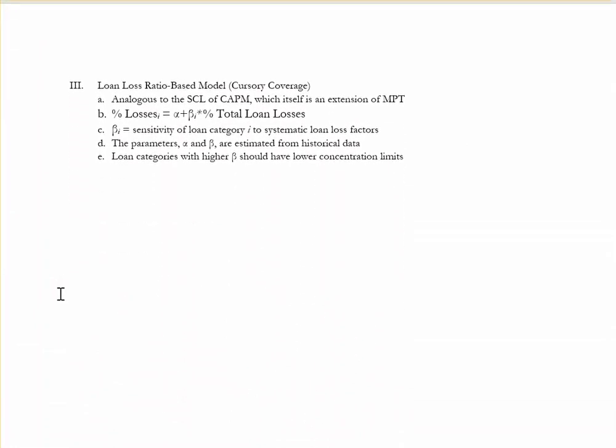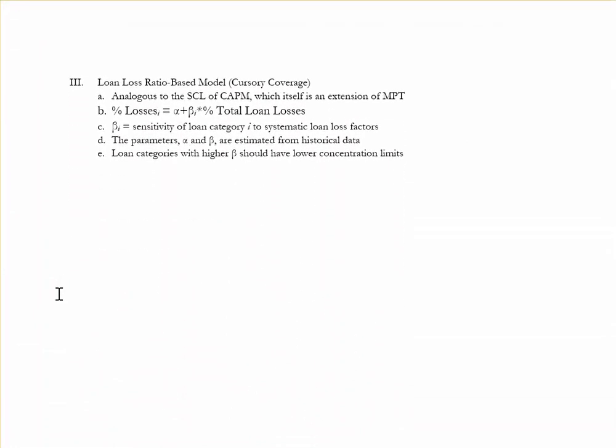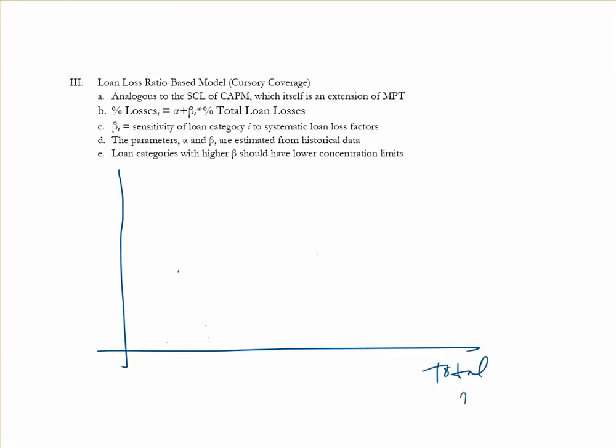All right, I just want to make a quick comment about some other models. This is only going to be brief. If we had some data on what the loss rate would be, we could make a scatter plot, given total losses of an entire loan portfolio, and then losses of that particular category of loans.